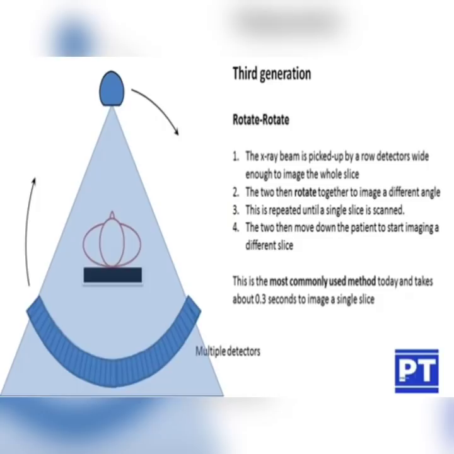One clockwise rotation acquires one slice, then the tube detector system rotates anti-clockwise and another slice is acquired. Likewise, clockwise and anti-clockwise rotation happens in the third generation, or conventional, CT.